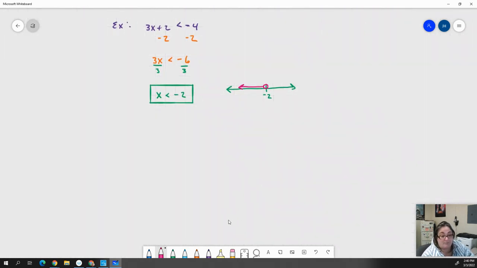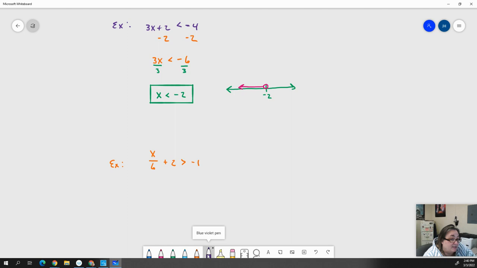Let's try something a little bit more difficult. So if I have x over 6 plus 2 is greater than negative 1. Don't panic at this fraction. It's not as hard to deal with as you might think. Let's start by getting rid of this 2, because the whole idea, again, is to get x by itself.